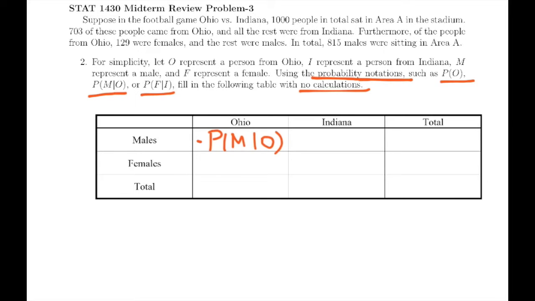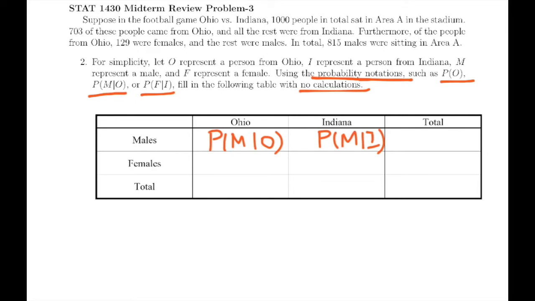And for this box here, it is the probability of a male given that he's from Indiana. So by using our abbreviation, it is equal to P(M given I). Okay? So don't care about this line before them.